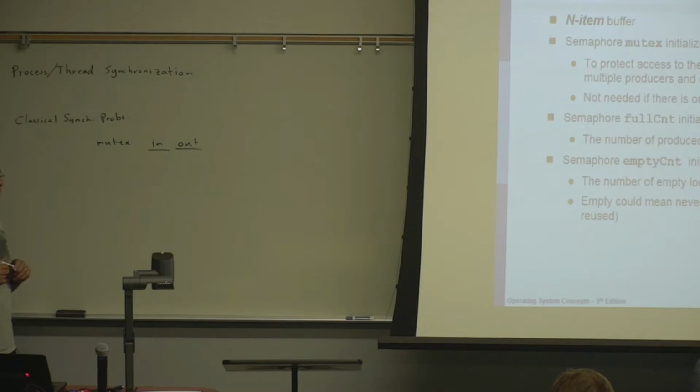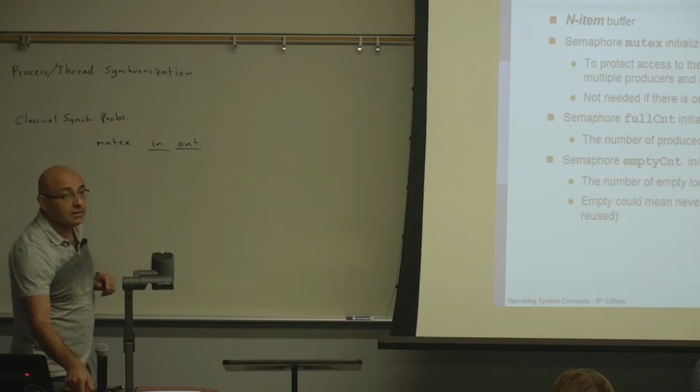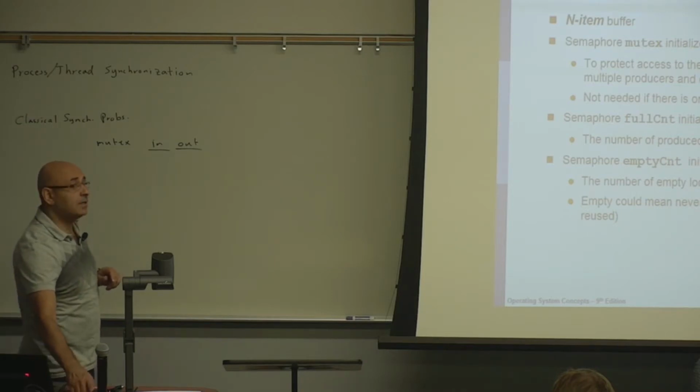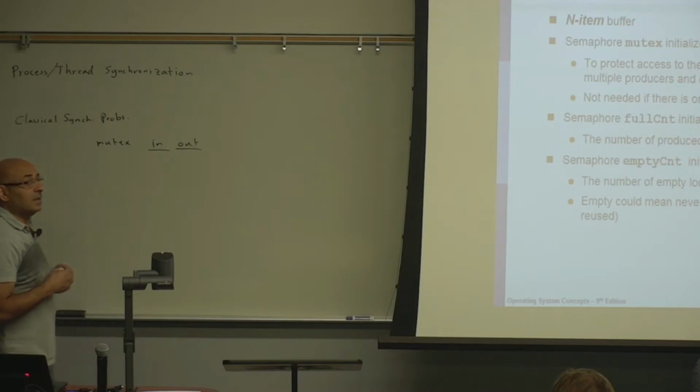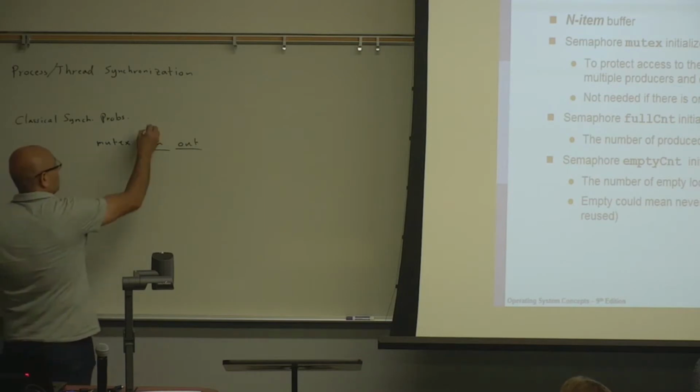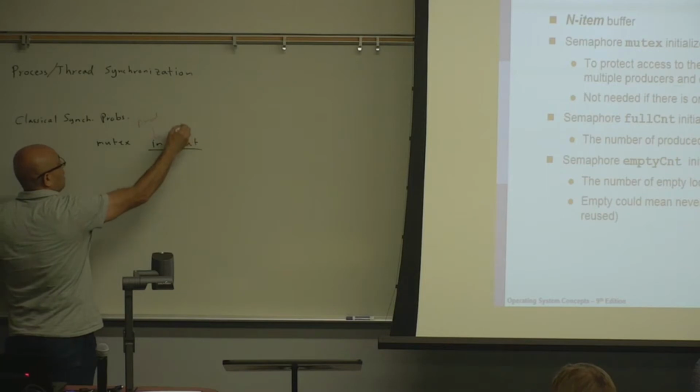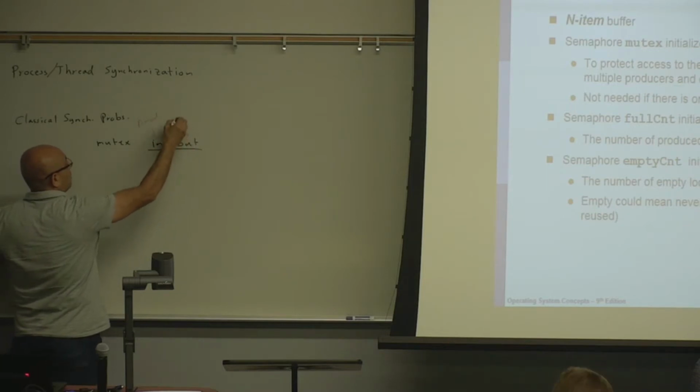Because we restricted who had access to in and out variables. So the producer was able to set in, but the consumer wasn't, and the consumer was able to set out, but the producer wasn't. Yeah, exactly. So in was modified only by the producer, and out was modified only by the consumer.